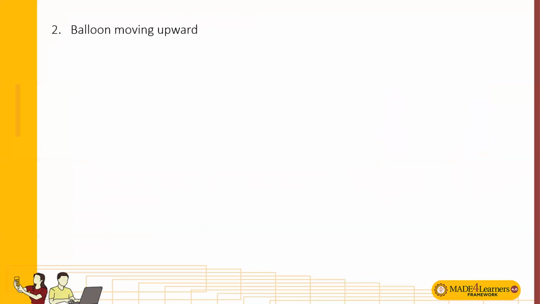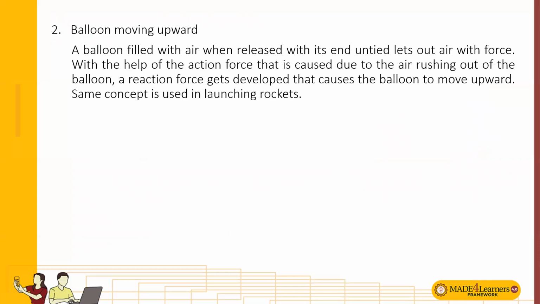So another example is a balloon, such as a hot air balloon. Why does it move upward? A balloon filled with air, when released with its end untied, lets out air with force.